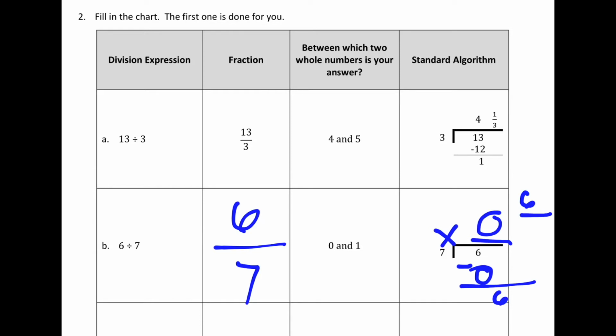Okay? The denominator, the bottom number, is the number outside the box. So what's our denominator going to be? What's the number outside of our box? It is 7. Alright? Now, the way they got this was they used the whole number, okay?